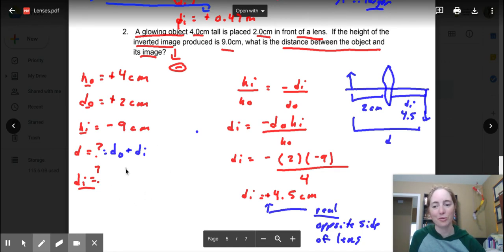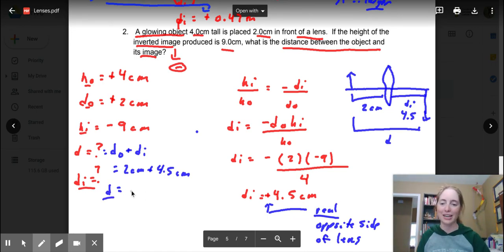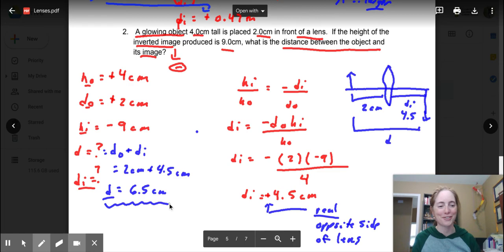So I am going to take my 2 centimeters plus my 4.5 centimeters, and I am going to wind up with the distance between the image and the object to be 6.5 centimeters.